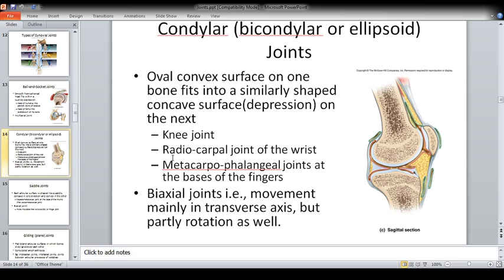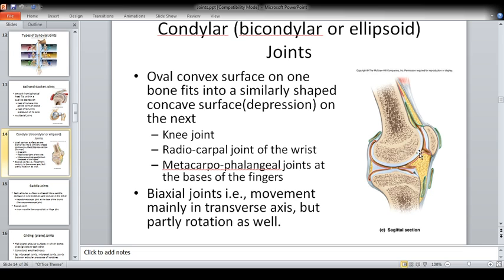As in knee joint, radiocarpal joint of the wrist, metacarpophalangeal joints at the bases of fingers, and it would allow biaxial movement, that is, it would allow two types of movements. That is in the transverse axis, the bending movement, the flexion and relaxation kind of movement, and it would also partly allow rotation.